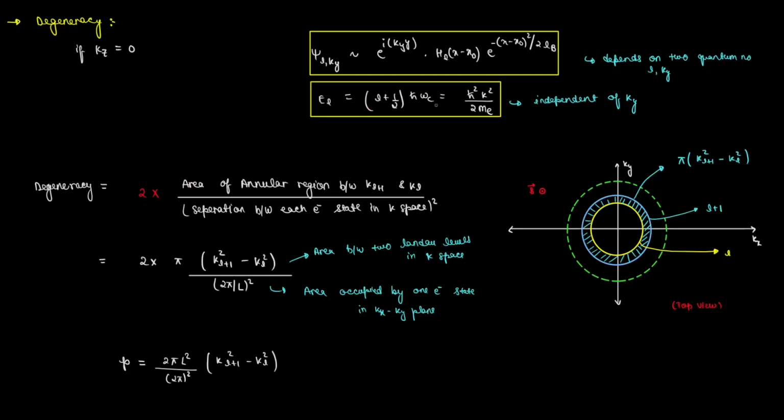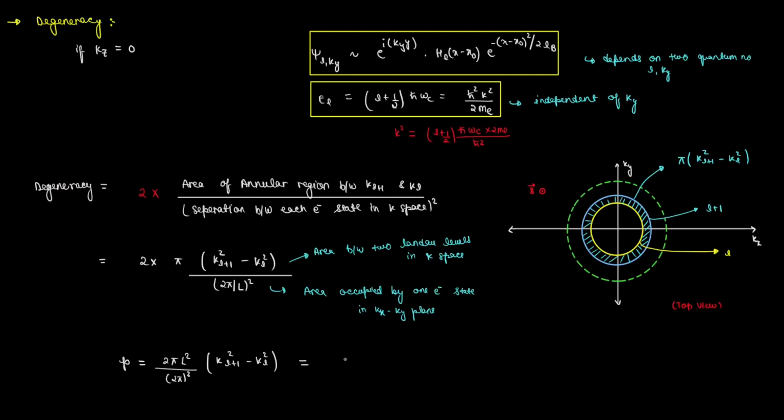And if you see here in the energy expression, k² will be equal to (L + 1/2)ħω_c times 2 times mass of electron divided by ħ².